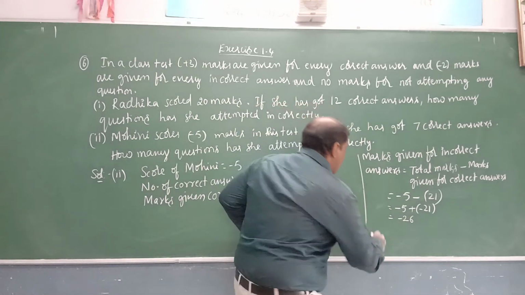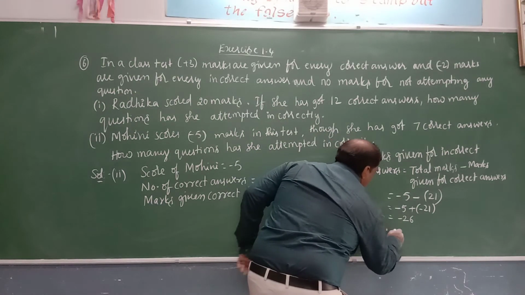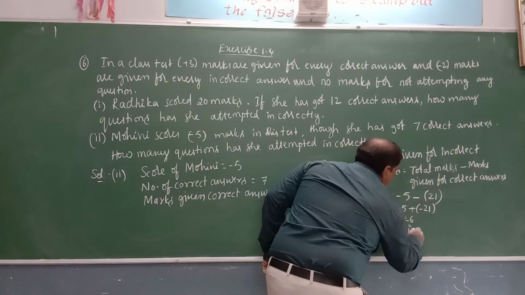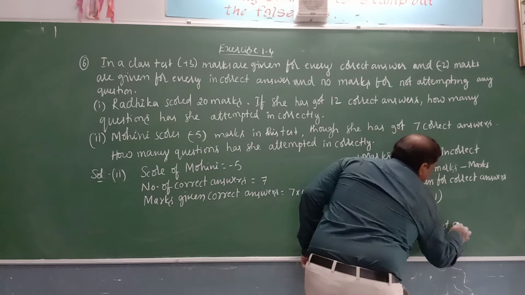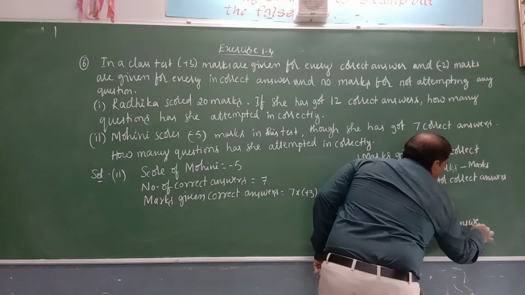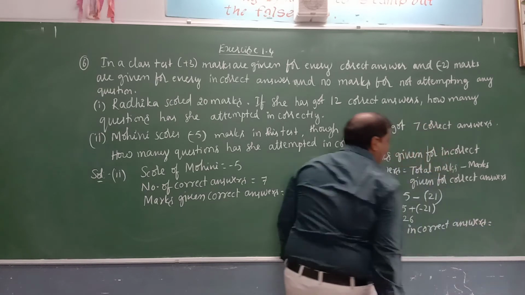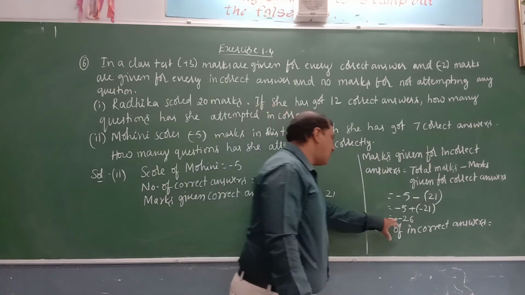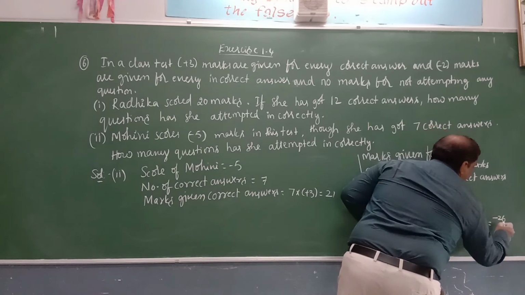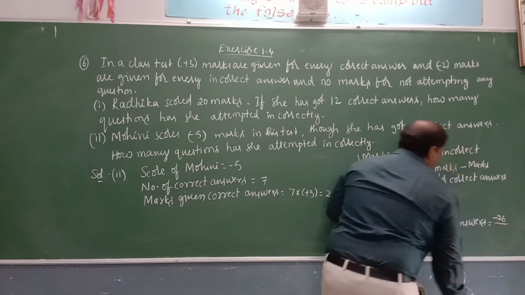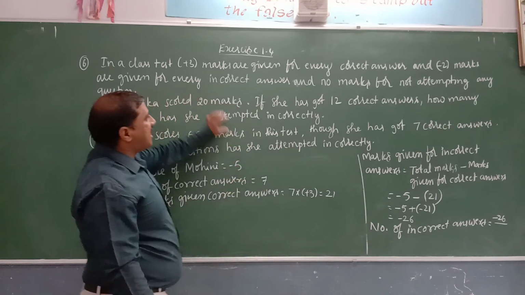Now the number of incorrect answers is equal to marks given for incorrect answers, that is minus 26, divided by marks given for each incorrect answer.